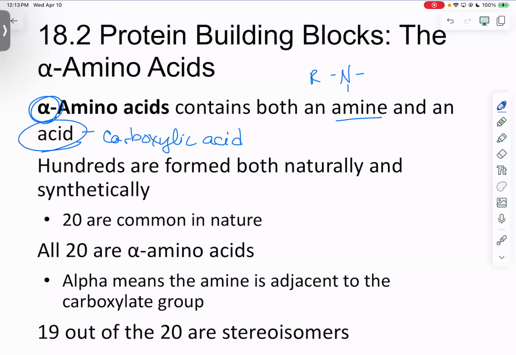There are way more than 20. But we focus on the ones that are in very high prevalence. When we call them alpha amino acids, the alpha tells us the location of the amine. I'll show you on the structure.